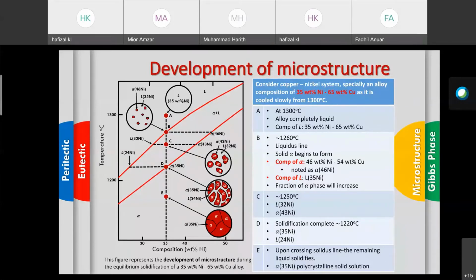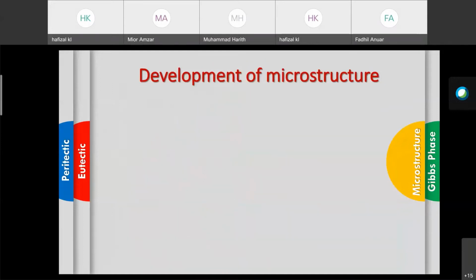From the projection at 35% of nickel, this line can be drawn in terms of a microscopic diagram, starting from point A up to point E during the solidification or cooling process.